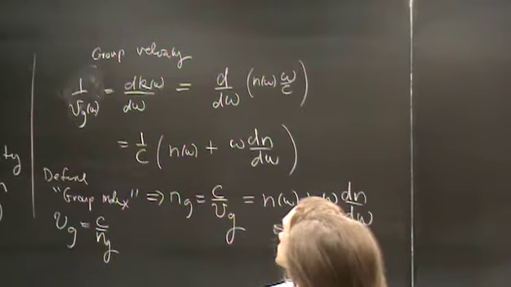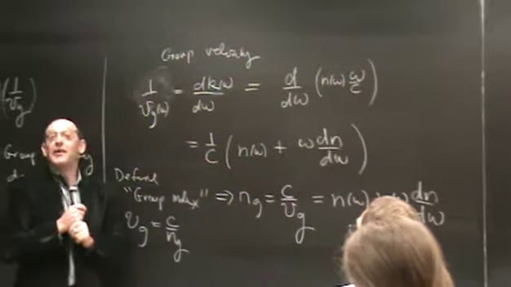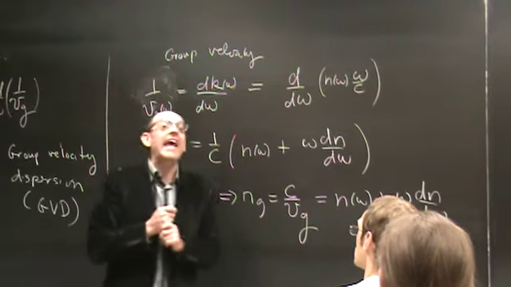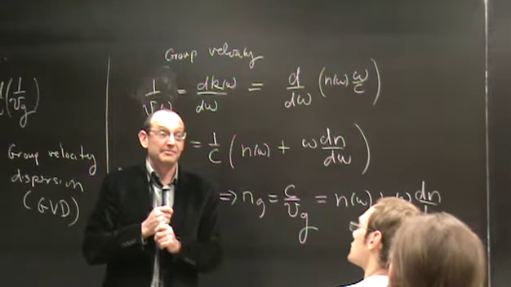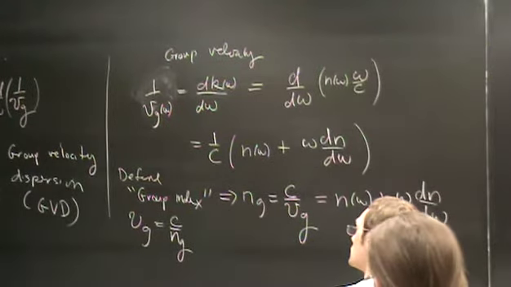Well, is that always true? Actually, the group velocity can be greater than c. In fact, it can even be negative. So what the heck is going on?